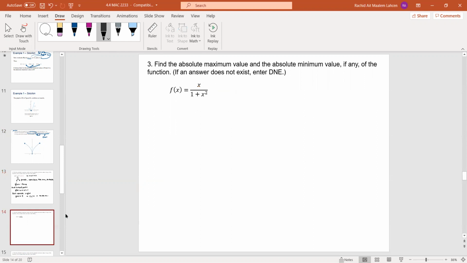For this function, number 3, find the absolute max, and similarly, no interval is given. Here we can look at the graph and identify it, but if we don't look at the graph, the first step is going to be to find the first derivative. Use the quotient rule. Maybe pause the video there until you come up with it, and match it with this here.